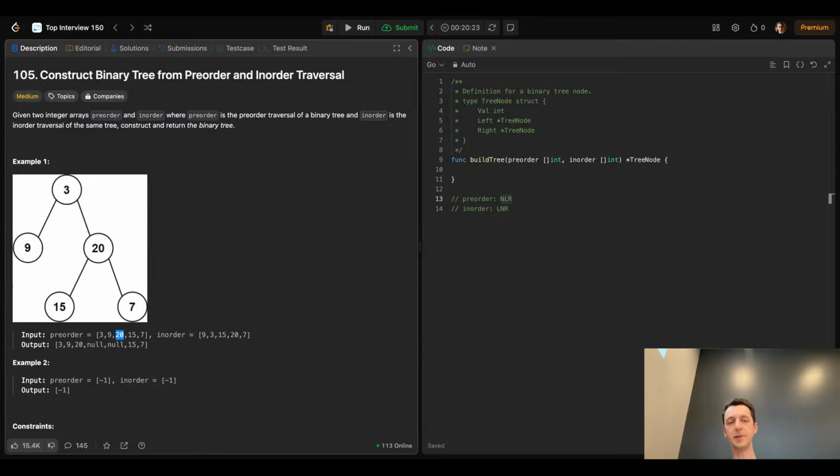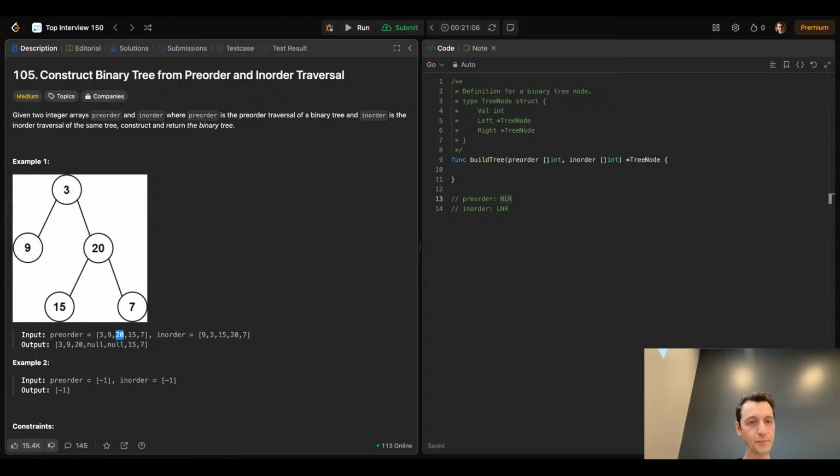Let's try to simplify and just build that one little subtree, that 3, that 9, and that 20. Can we? We got the 3.